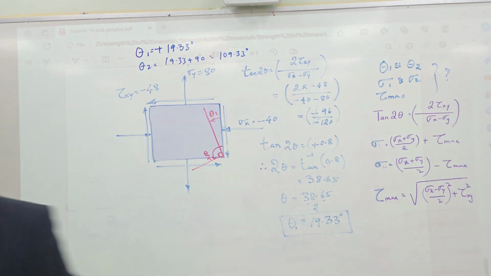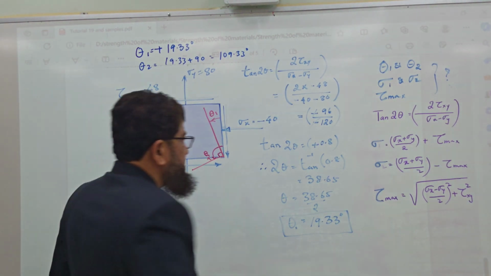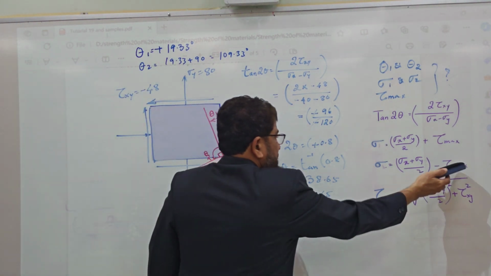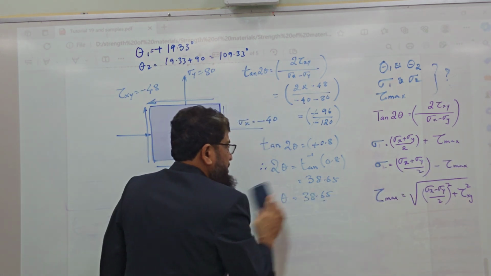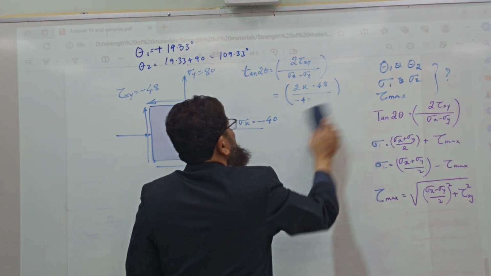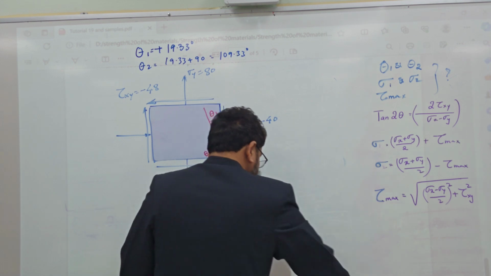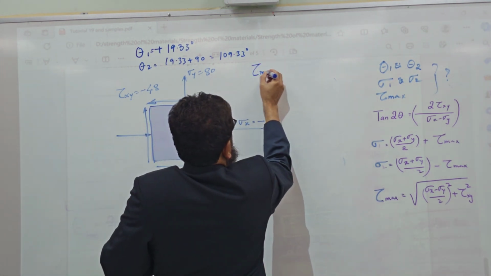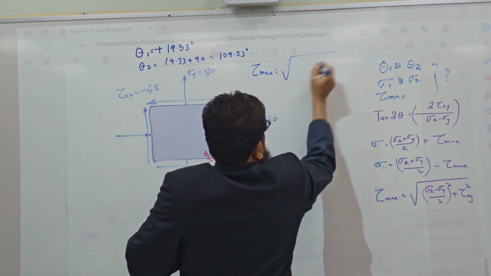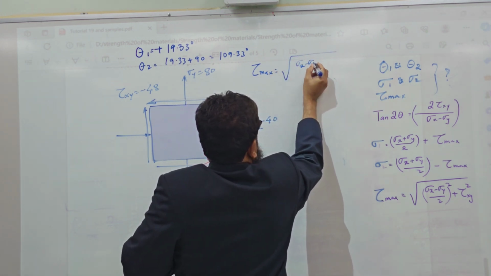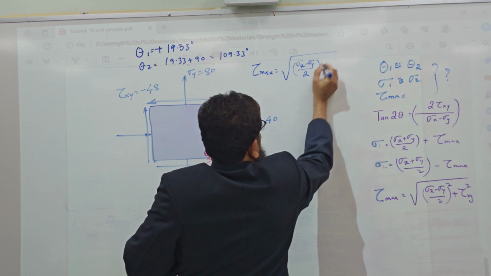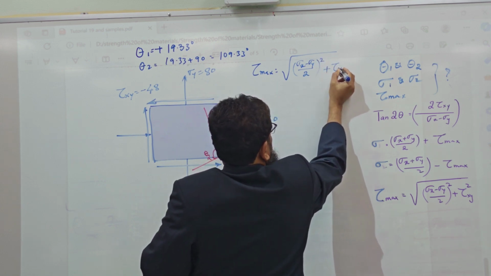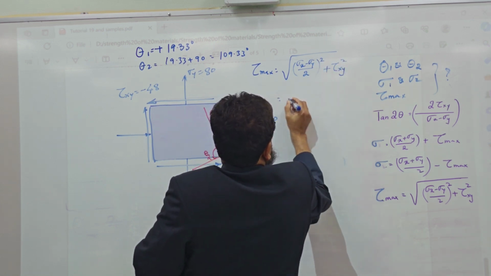Once this is done, what is the next job? Let's try to find out tau max. Tau max is the square root of sigma x minus sigma y by 2 whole square plus tau xy square.